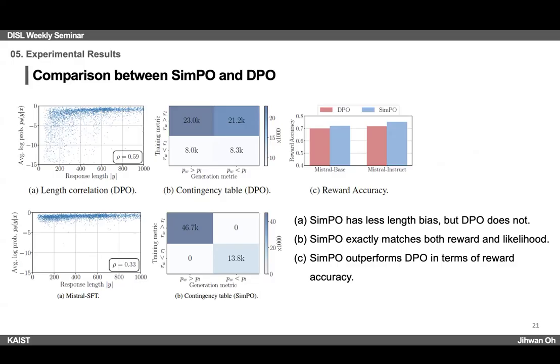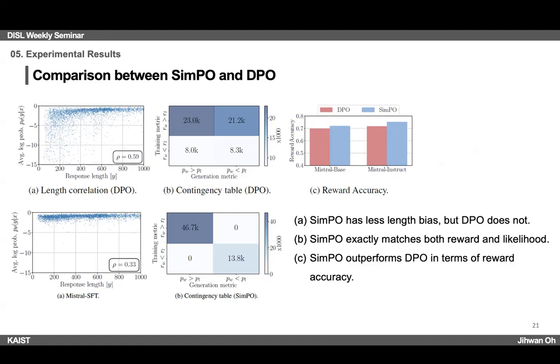And in plot B, we compare reward versus generation consistency using contingency tables. As you can see in DPO, about half of the examples show misalignment between reward ranking and actual generation probabilities. But for SimPO, as you can see at the bottom, the alignment is nearly perfect. There is a clear diagonal structure.